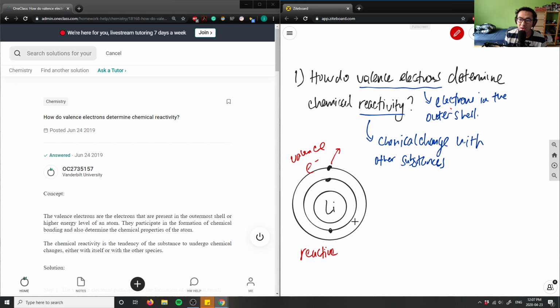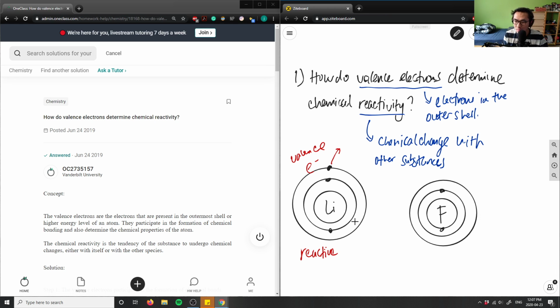And same if I had the opposite one. If I have, for example, fluorine, so let's see, I have 2 electrons in the first shell. And then I'm going to have 7, right? 1, 2, 3, 4, 5, 6, 7.